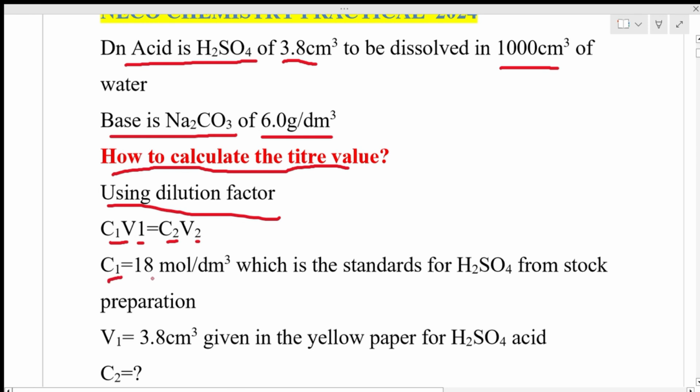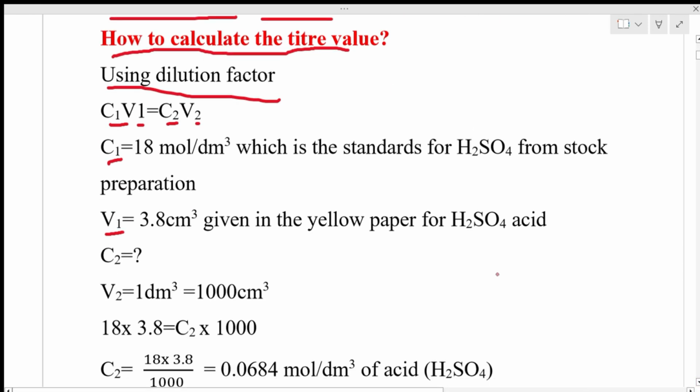C1 of the H2SO4 stock preparation is 18 mole per dm³. I told you earlier, this refers to the chemistry practical by Dr. Jokuku Godwin. V1 is the given value that NECO gives on the yellow paper. C2 is what we are looking for, and V2 is 1 dm³, which is also 1000 cm³.